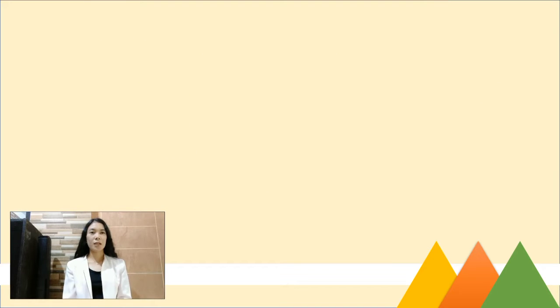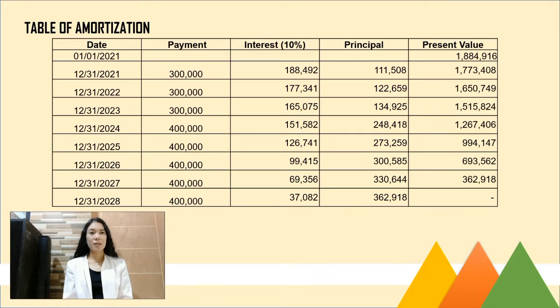We also prepare an amortization table. So we have 5 columns here: date, the payment, interest, principal, and then the present value. So, ang given natin dito, of course, ay yung date, then yung variable payments, and then yung ating lease liability at the beginning.